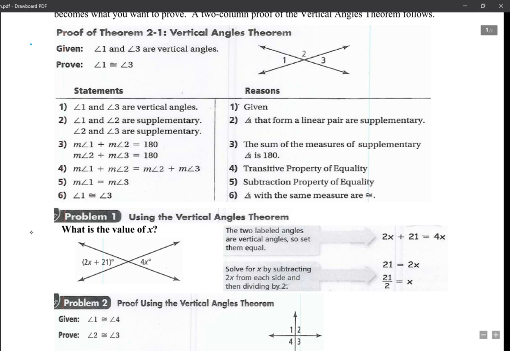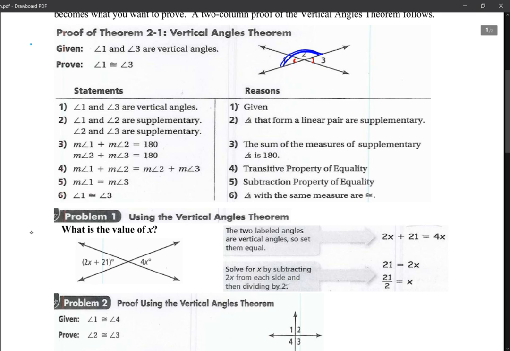Now let's do some ideation up here. We want to prove that that is congruent to that. Do we have anything that helps us do that? Well, let's take a look here. Do you see a linear pair?